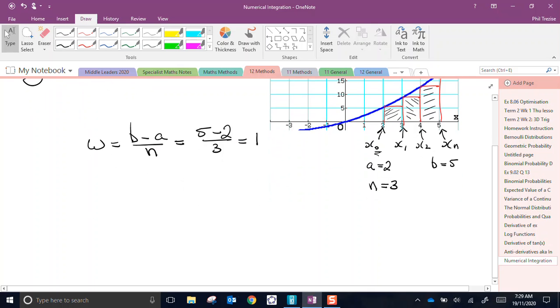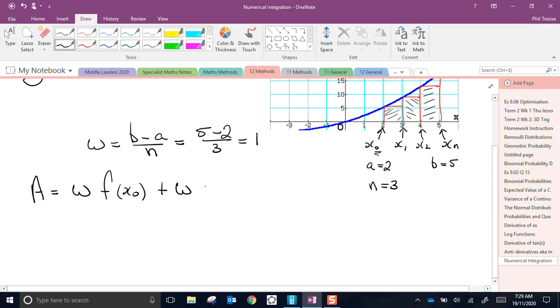So let's do this area. The area underneath this graph would be w, the width of the base of the rectangle, multiplied by the function substituting x0. That would give me the height of the first one.